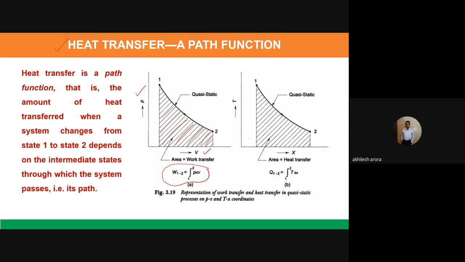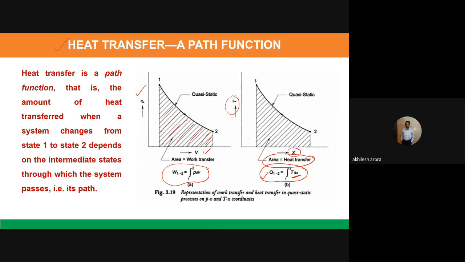Similar to this, if I am taking some other plot which is actually a T-X plot, X right now you don't know. If I am considering a T-X plot, then the area under this plot will represent the heat transfer actually. And we can calculate the value of the heat transfer using Q1 to 2, which is equal to integral T dX.